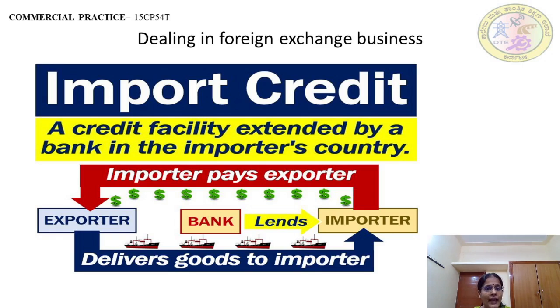That is, finance to export, credit to import. Export finance is granting finance to the export. Import credit is to help the importer to import goods on credit by granting commercial letters of credit.